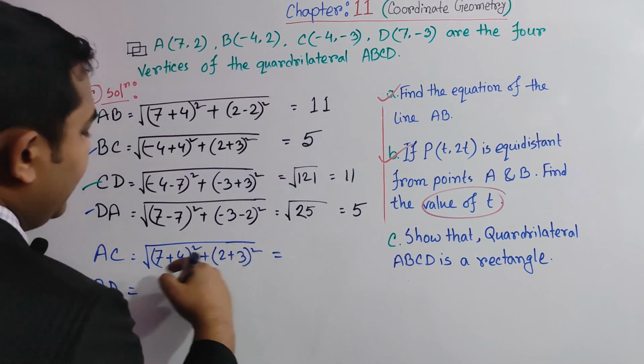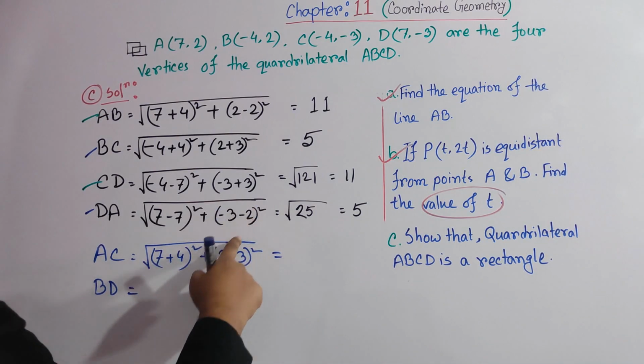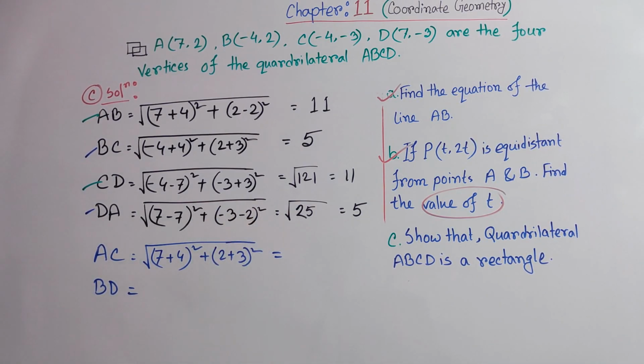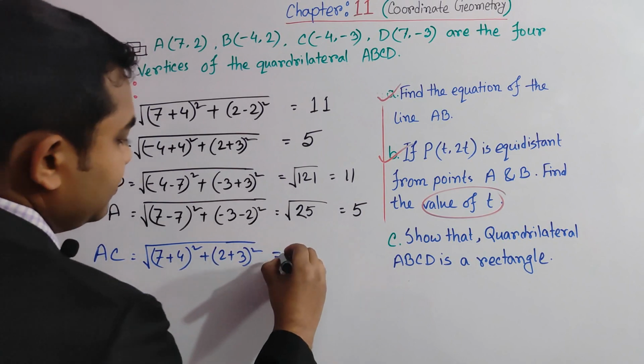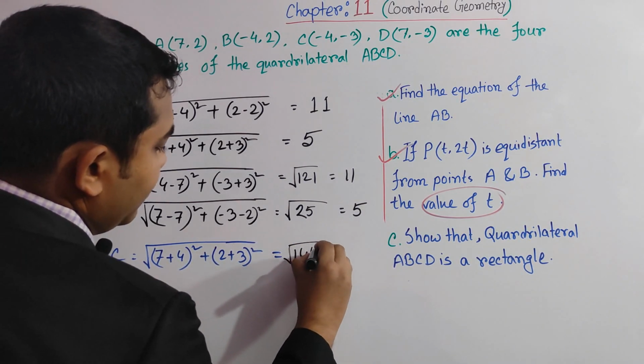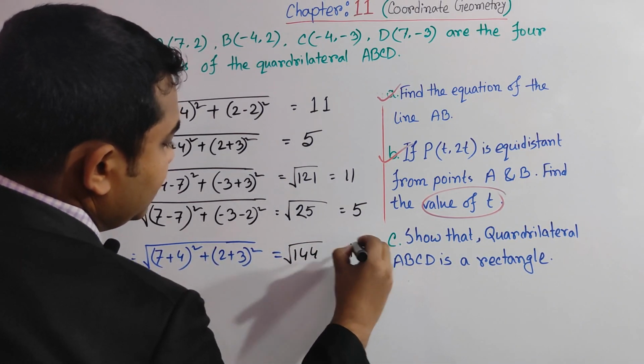So if we calculate this, then we will get 11 square plus 5 square, that is 121 plus 25, and it will be root of 144, and we will get actually 12.